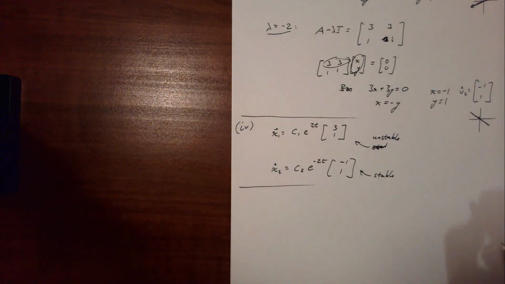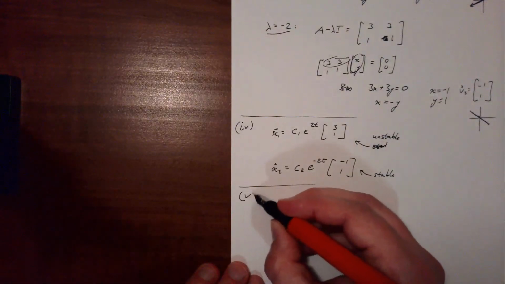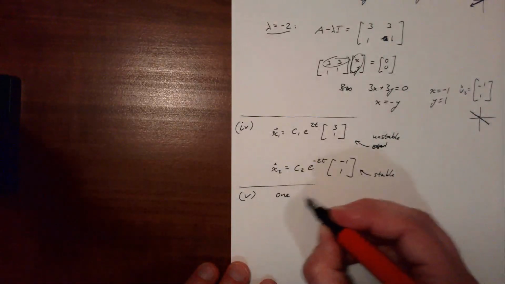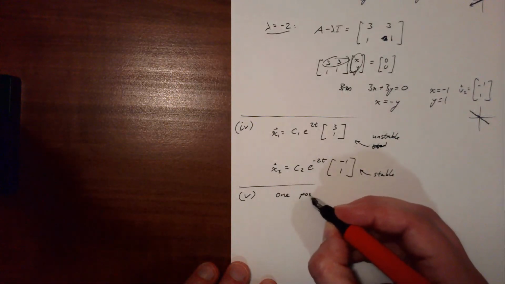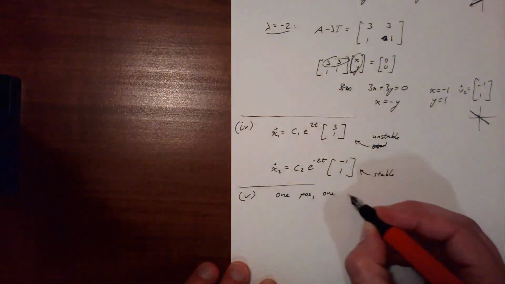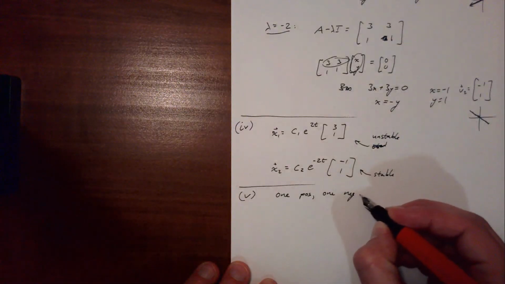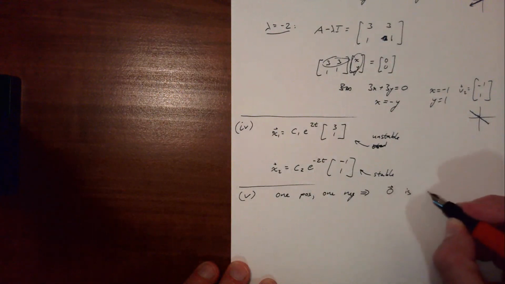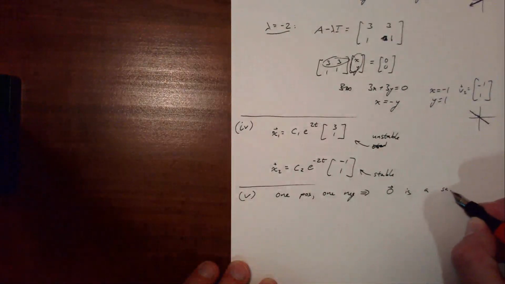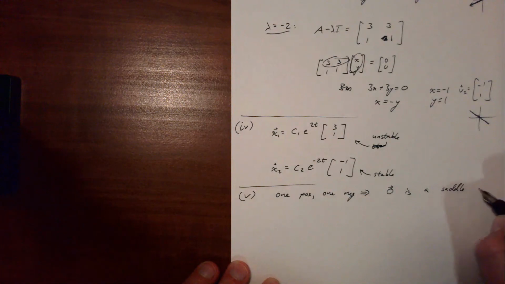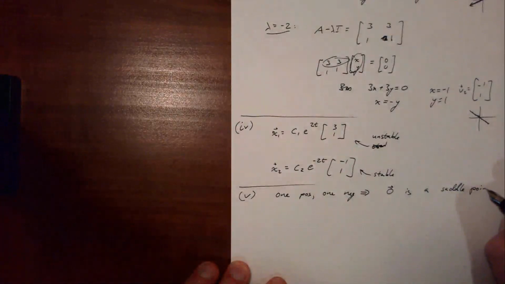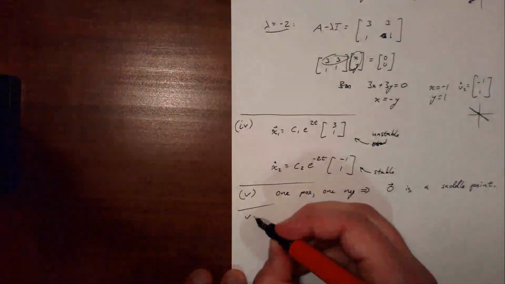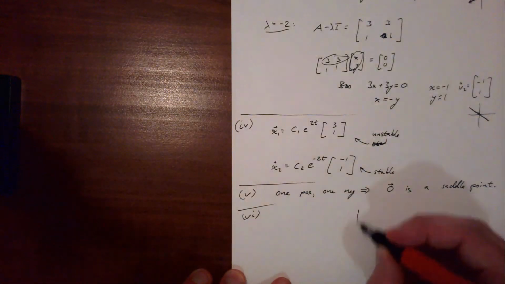All right, and what sort of origin do we have here? So 1 positive and 1 negative. So it's a saddle point. And then for 6, we can try to sketch it.